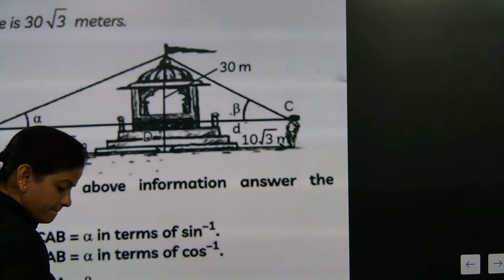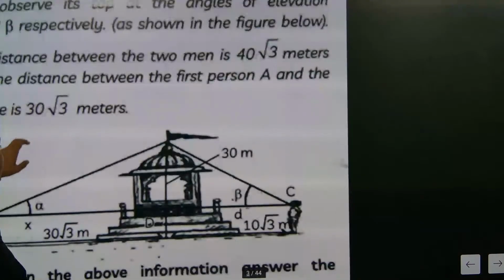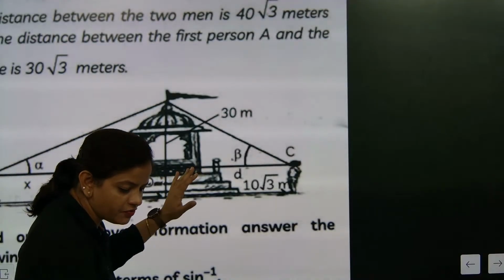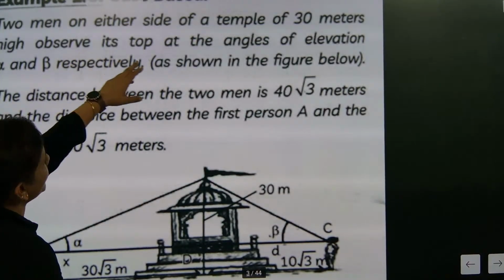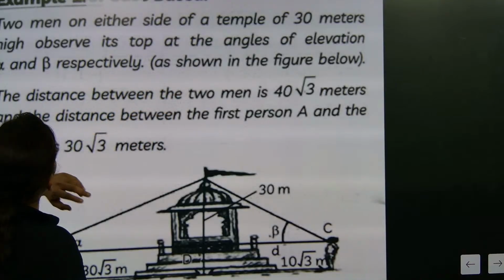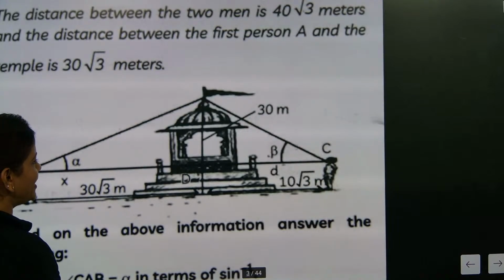So now look here, how we are going to check this section. The same way you were solving the trigonometry part, the same we have to do here. We check this one now. The figure shows two men on either side of a temple, 30 meter high. They observe its top at angles of elevation alpha and beta. The height is 30 meter.